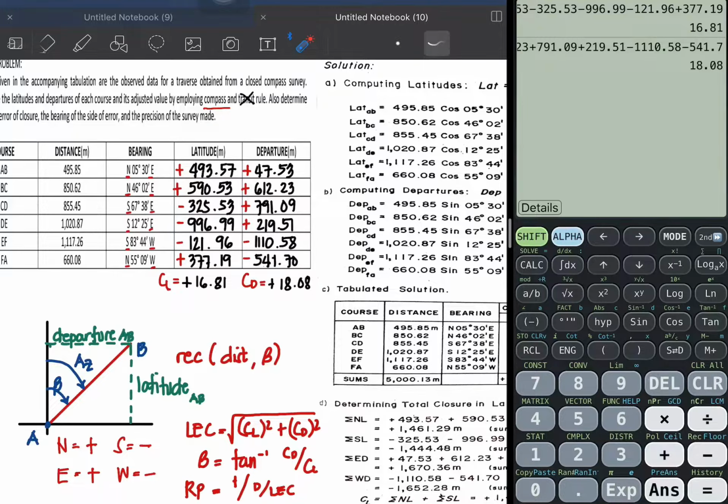And if vice versa, the south latitude is bigger than your north latitude, so your south latitude is minus the correction, and since smaller is your north latitude, add or plus the correction.